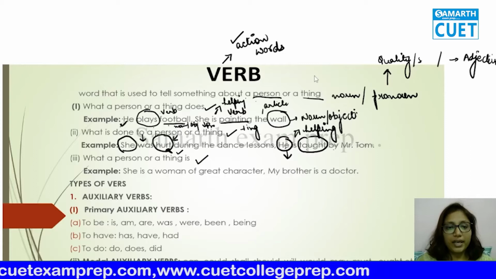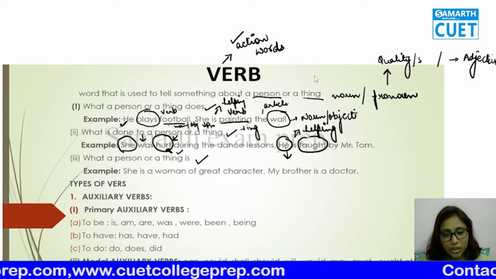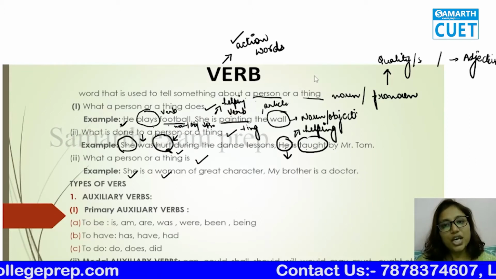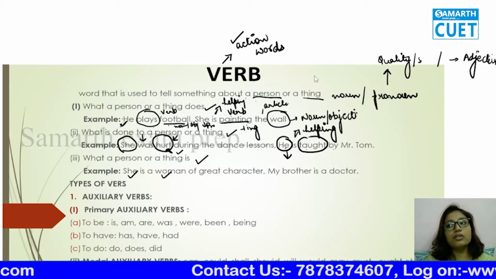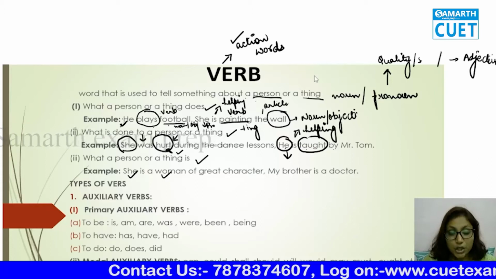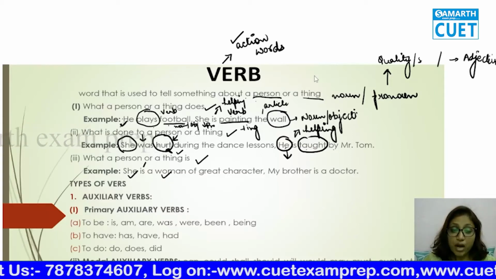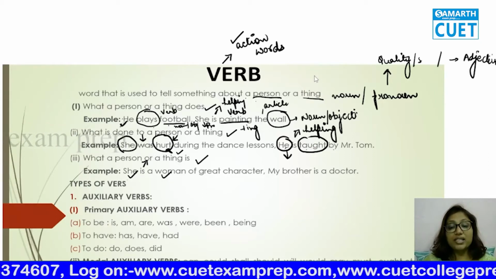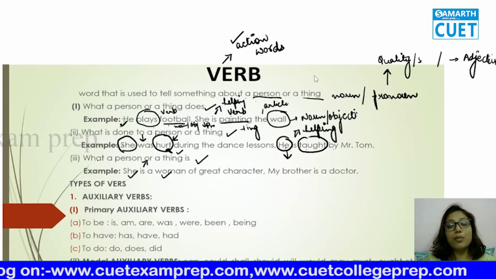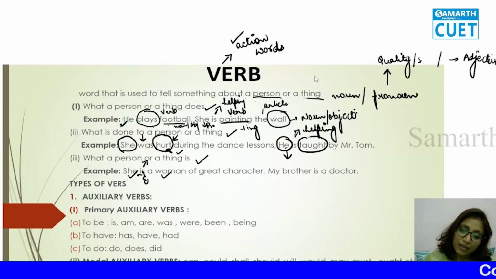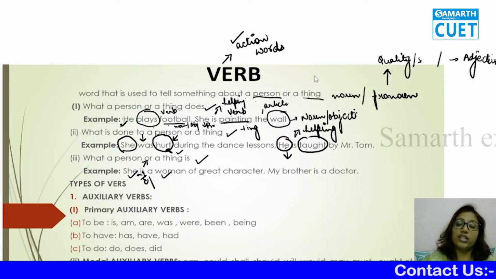And the third way is what a person or a thing is. She, woman of great character. If I say she, woman of great character, then it makes no sense. But she is a woman of great character means अभी वो she is a woman of great character, यानी वो बहुत ही अच्छी चरित्र की महिला है. मतलब अभी भी वो है एक अच्छी चरित्र की महिला.